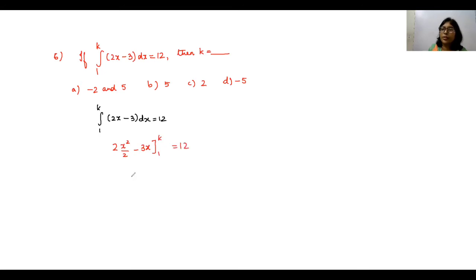On putting the upper limit and lower limit, we get that it makes k square minus 3k plus 2. So that is a quadratic, bringing 12 here and then splitting the middle term.